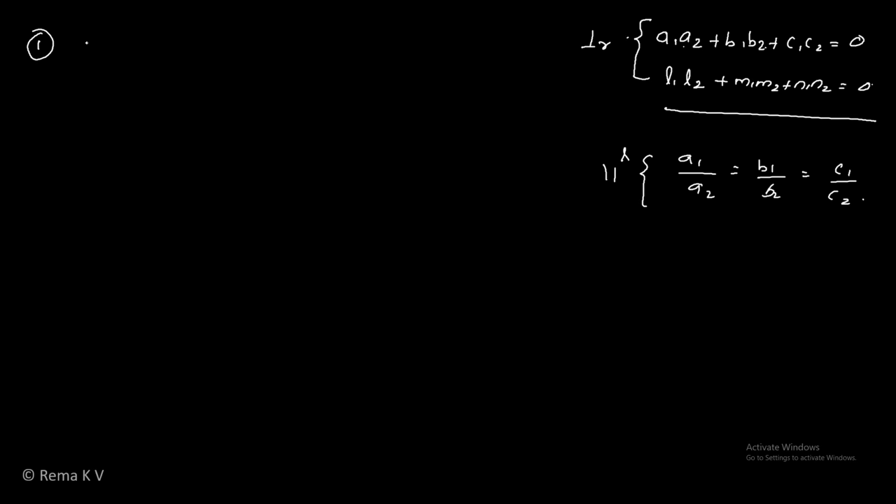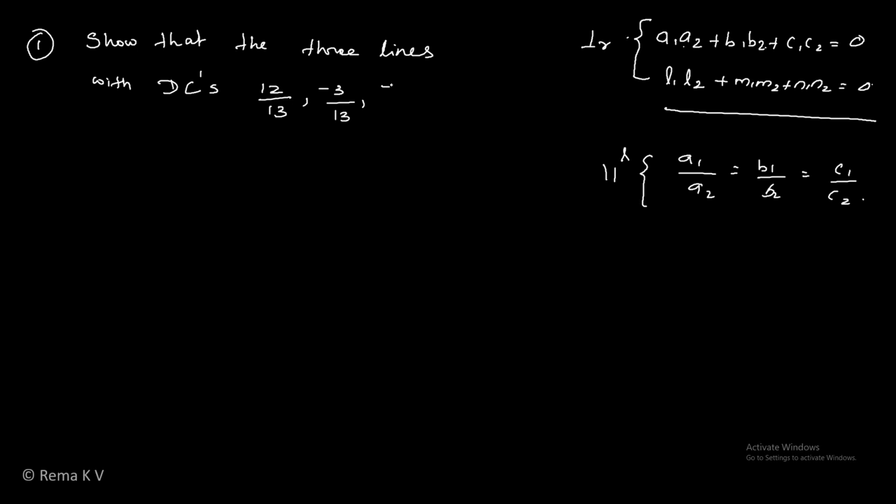Show that the three lines with direction cosines 12 by 13, minus 3 by 13, minus 4 by 13.